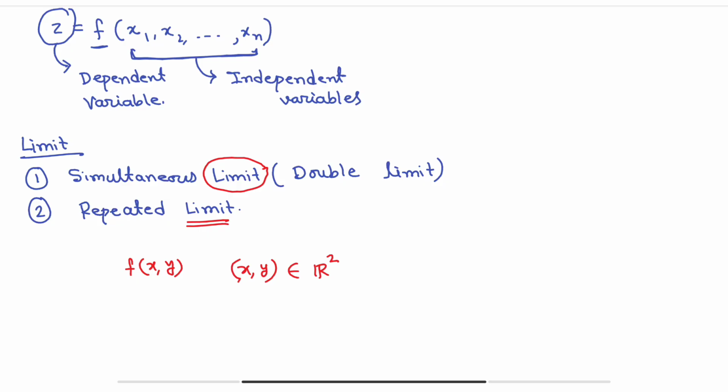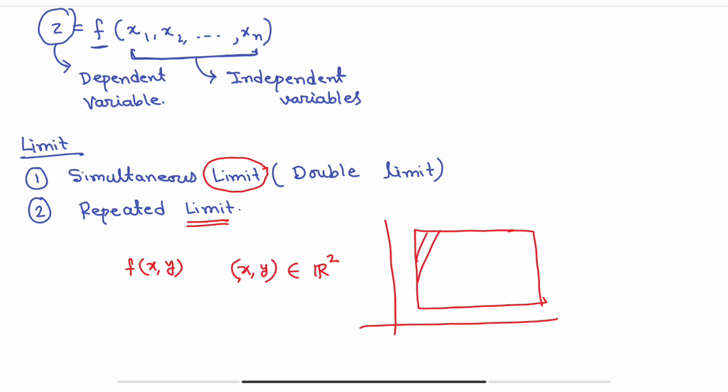Now obviously this f of xy is the functional value of f at the point xy. Now suppose this is the domain R, in this domain R the function f is defined. Let's say we have any arbitrary point AB.